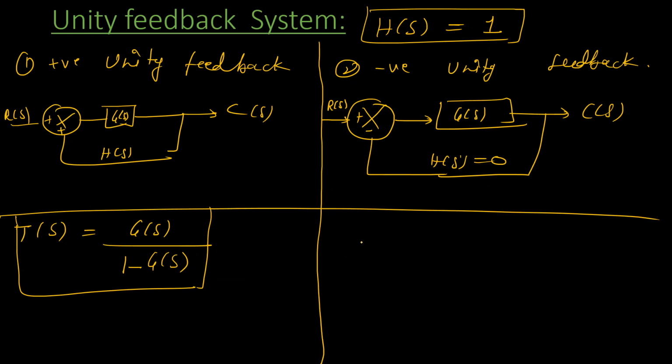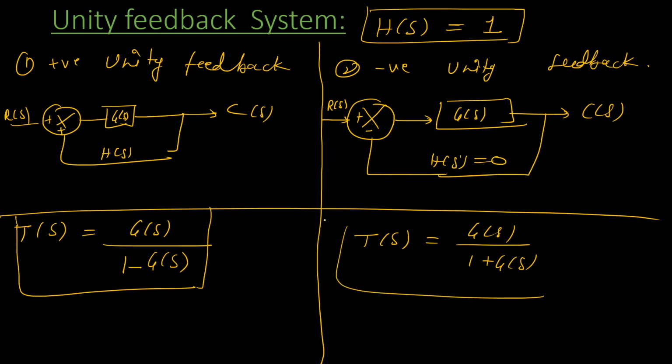In case of negative feedback system, our transfer function will be GS upon 1 plus GS, because we are having negative feedback, and in case of negative feedback this sign will be positive.